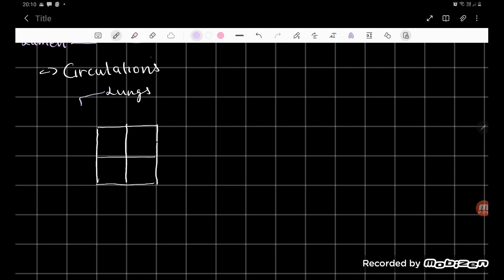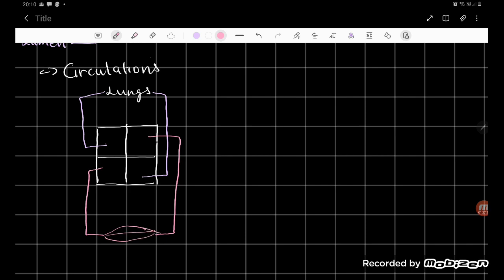A purple circulation and a pink circulation. This divides into capillaries here. This lungs one is pulmonary circulation. This pink one is systemic circulation.